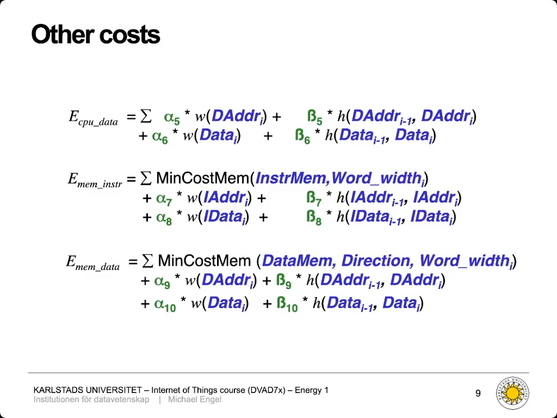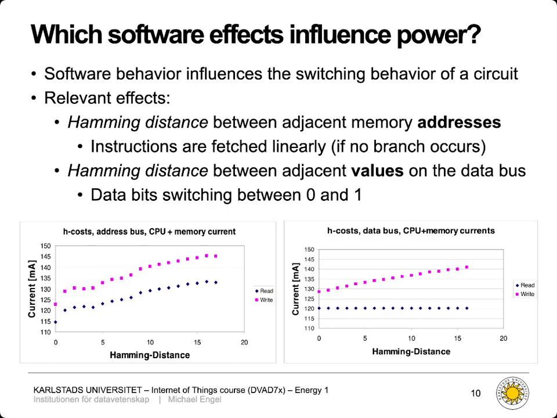And so these all contribute to the overall energy consumption of our system. So the question we need to ask ourselves is, which are the most important software effects that influence power consumption and, of course, in turn, energy consumption?